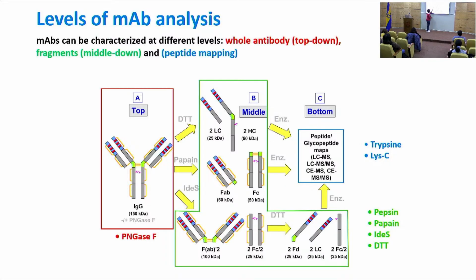You also have papain, which can separate Fab and Fc, but not in one piece. Or DTT, which cuts in two, with the two light chains and the two heavy chains. And at the end, with enzymes such as trypsin or Lys-C, it's the bottom-up approach, generating a lot of peptides to analyze by chromatographic methods such as liquid chromatography coupled to mass spectrometry.